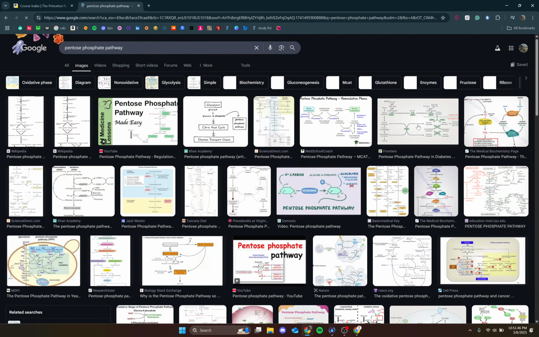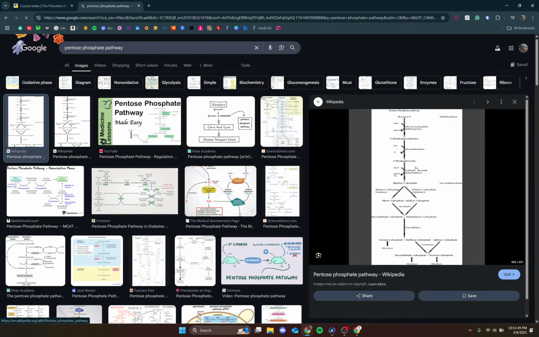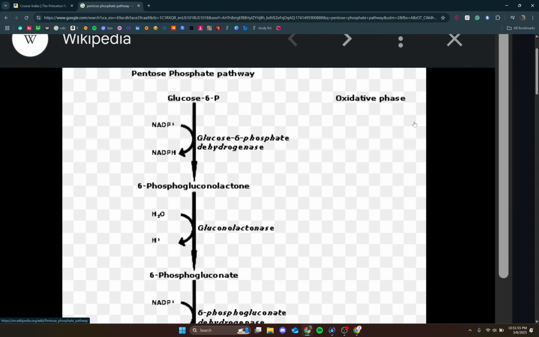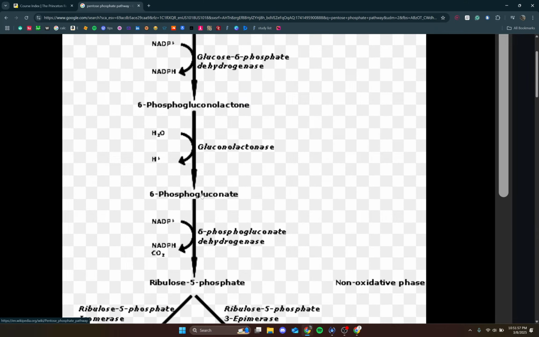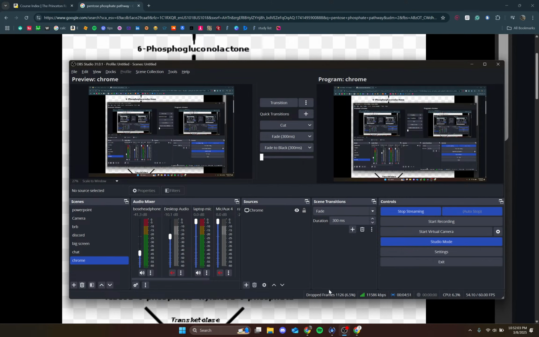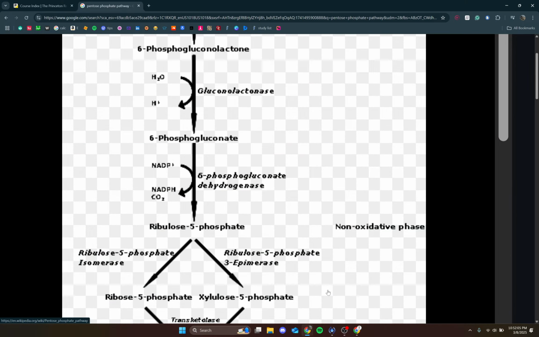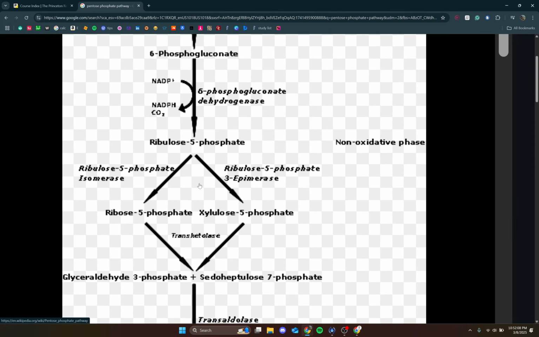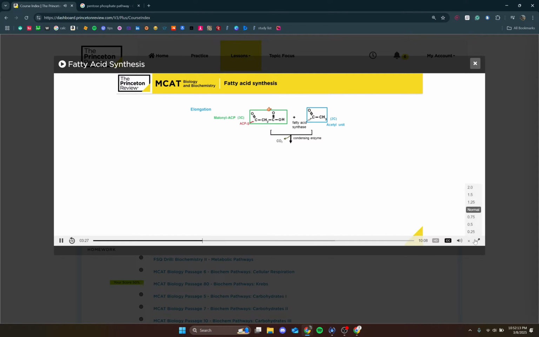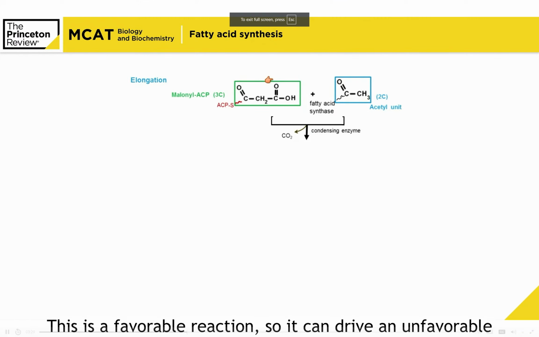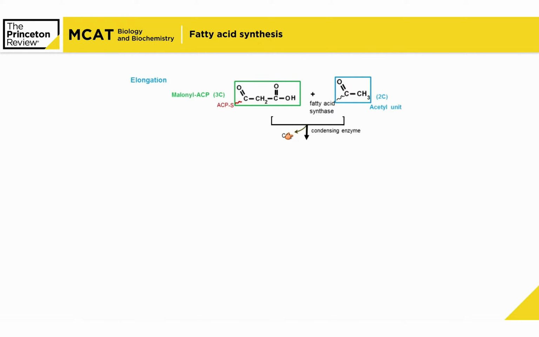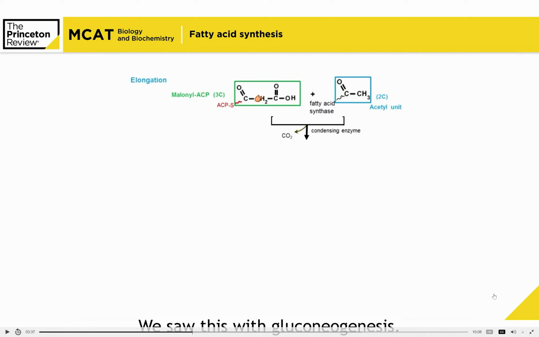Removing the carbon is a favorable reaction, so it can drive an unfavorable reaction, the joining of these two things, forward. We saw this with gluconeogenesis.